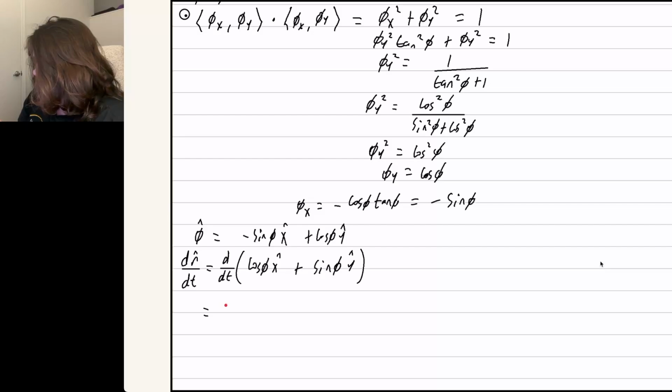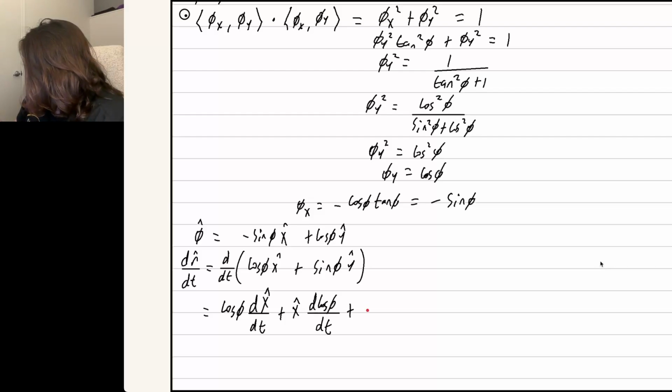So you're looking at first times the derivative of the second, so cosine phi dx hat dt, plus the second times the derivative of the first, x hat d cosine phi dt, plus first times derivative of the second, so sine phi dy hat dt, plus y hat d sine phi dt.